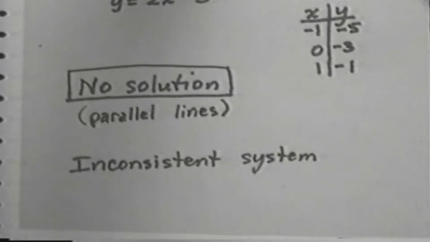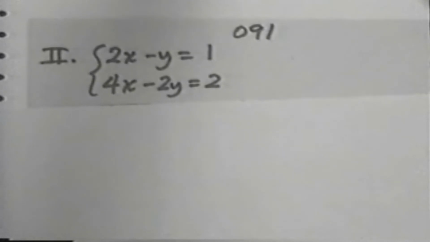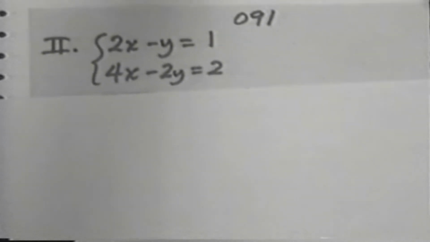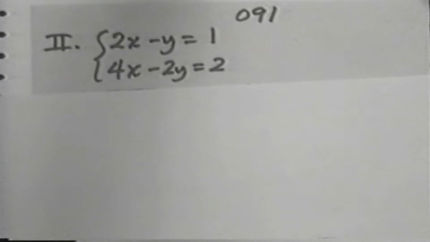We have a second special case. For our second special case, I'm going to use a system that's almost like the one we just did. The first equation is 2x minus y equals 1. Do you recognize that? This is the third time we've used it. And for the next equation, 4x minus 2y equals 2.